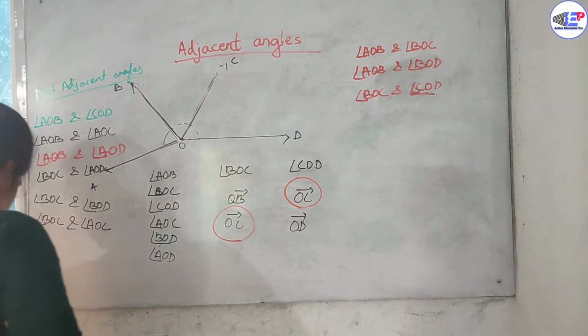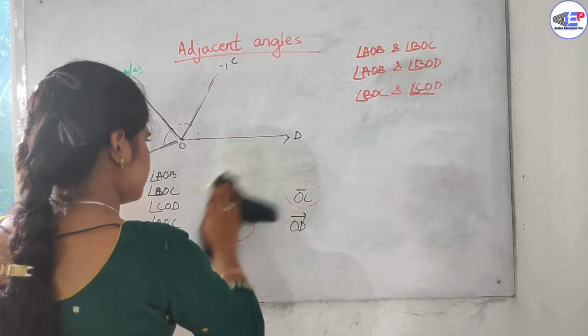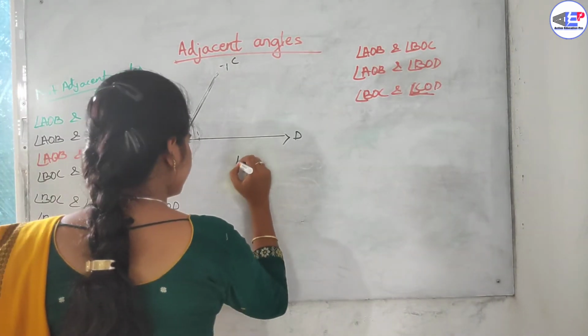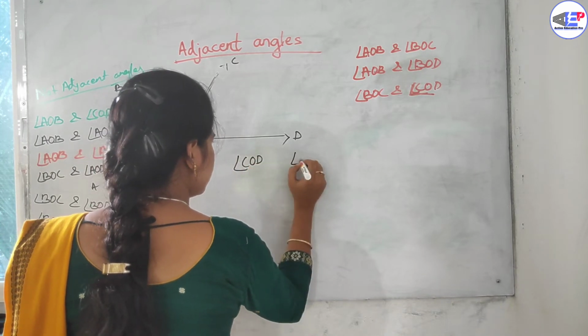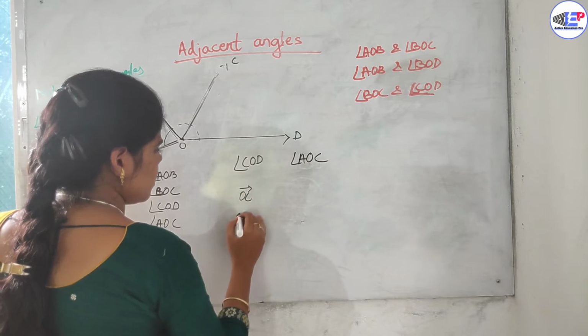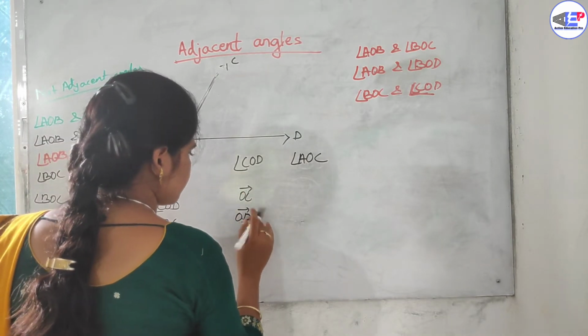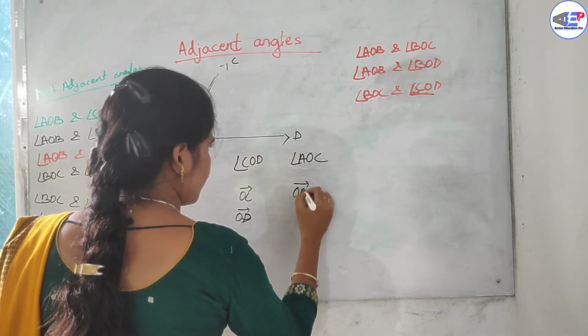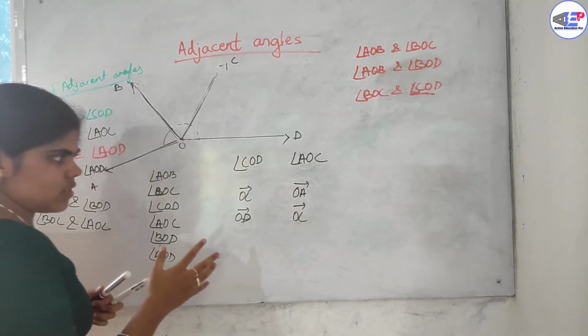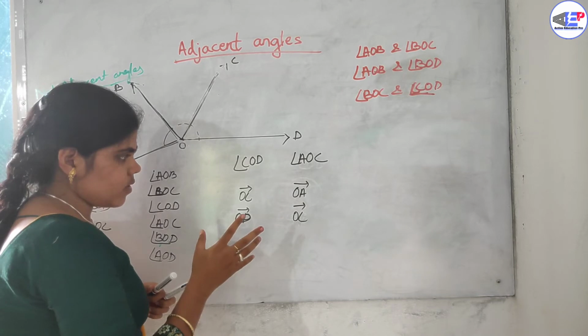The next, COD with AOC. For these angles, OC and OD are required, OA and OC are required. The first condition is about the common vertex and the common arm.